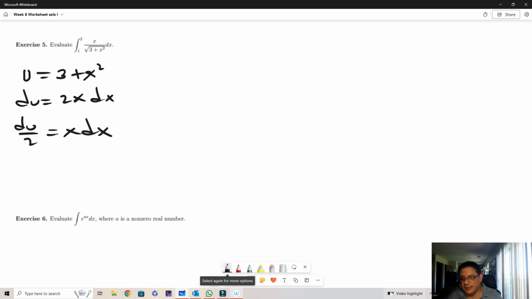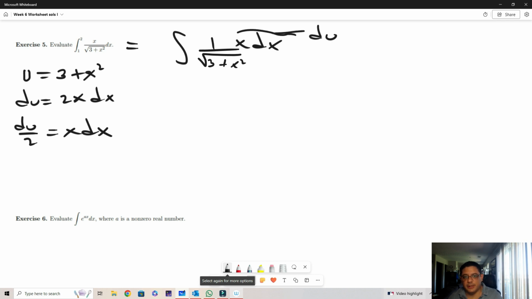And so you can see that in the top, this is x dx. And here I have 1 over the square root of 3 plus x squared. So I can replace this part by du over 2, and I'm going to replace this part by u. So that will be the integral of 1 over the square root of u du.